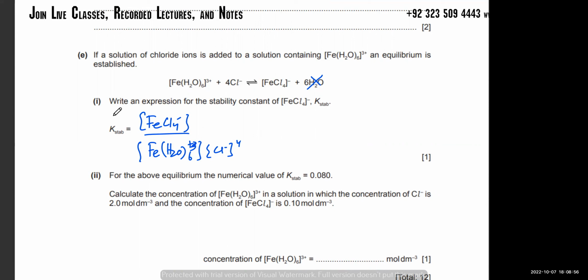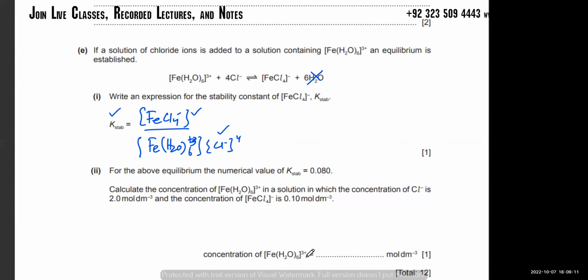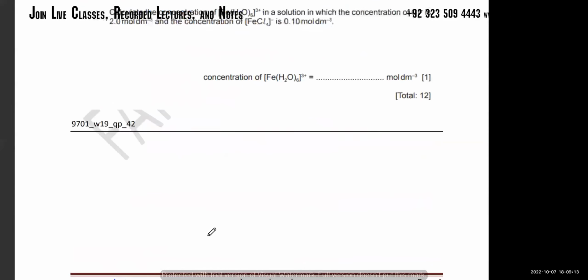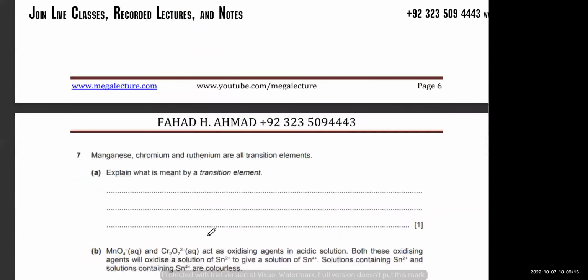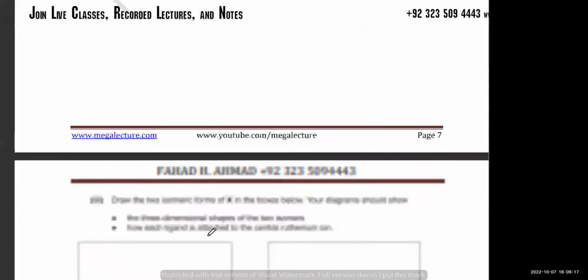K stability is given. The concentration of FeCl4- is also given. Cl- concentration is also given, 2 mol per dm cube. If everything is given, you can find out the concentration of Fe(H2O)6 3+ as well. So you're going to get very simple questions like this for K stability.